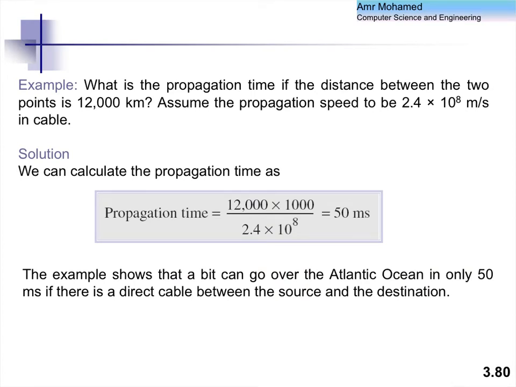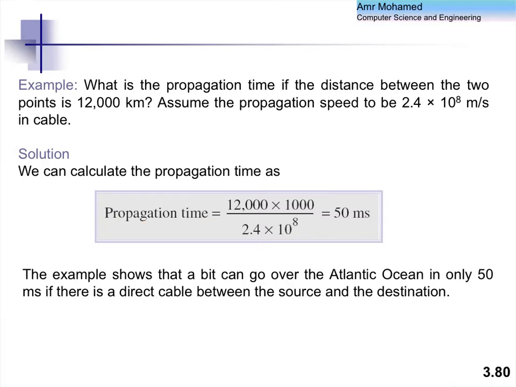So if the propagation time across the line between 2 points, which are 12,000 kilometers apart, with a propagation speed of 2.4 times 10 to the power 8, which is slightly less than the speed of light.